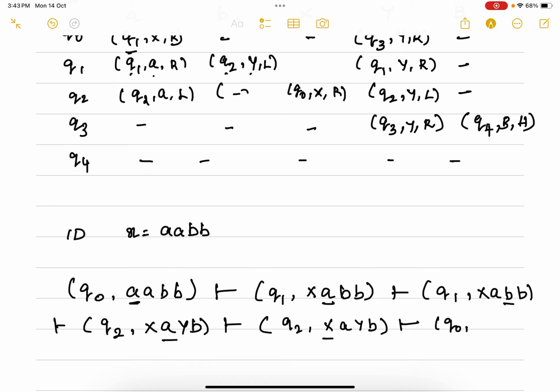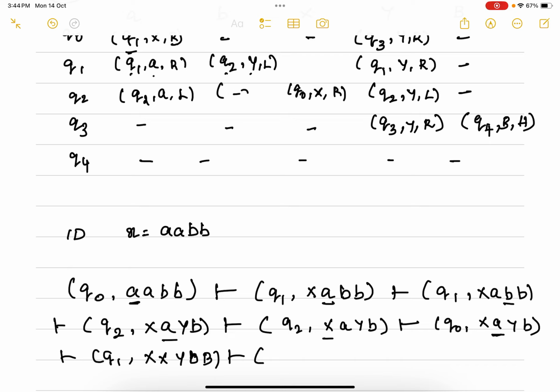Now in Q0, you replace that x with x and move towards the right. So y, b, because we have changed this b to y. Now the header is on a. Now Q0 reads a, so we move to state Q1. You replace that a with x and move towards the right. To my right is y and next is b, next will be blank.